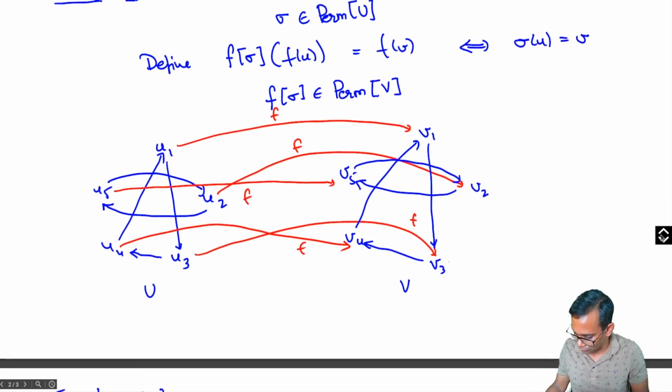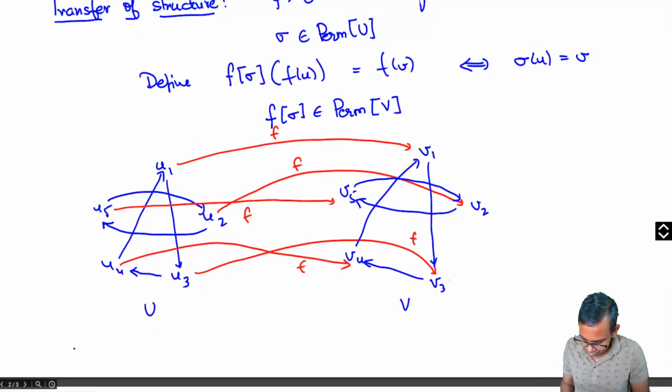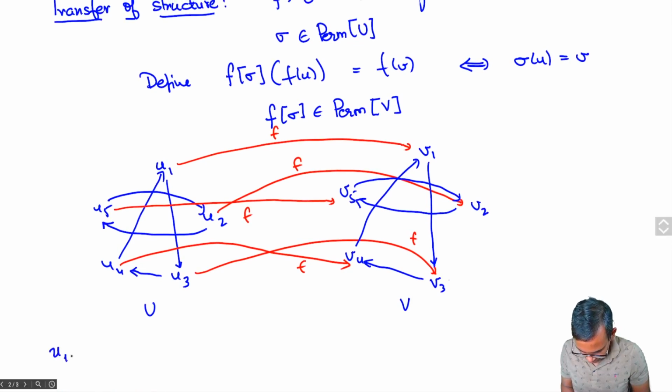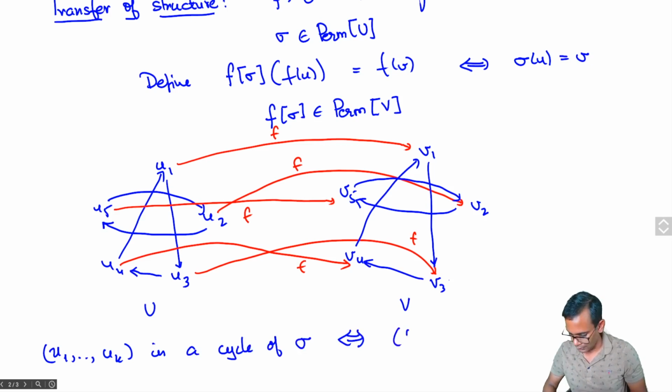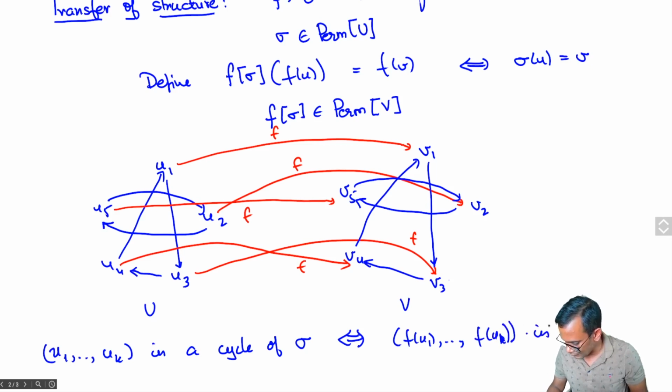And what is obvious from this construction is that (u1, ..., uk) is a cycle of sigma if and only if (fu1, ..., fuk) is a cycle of f sigma.